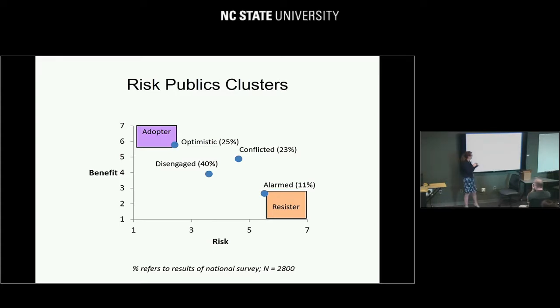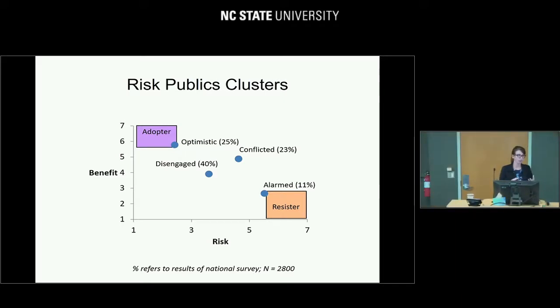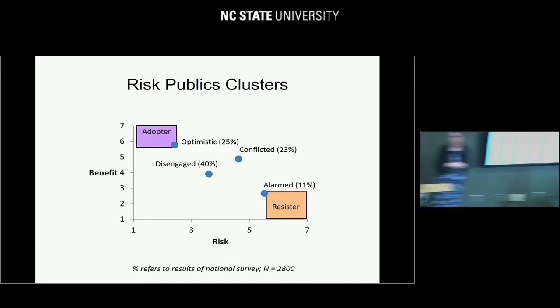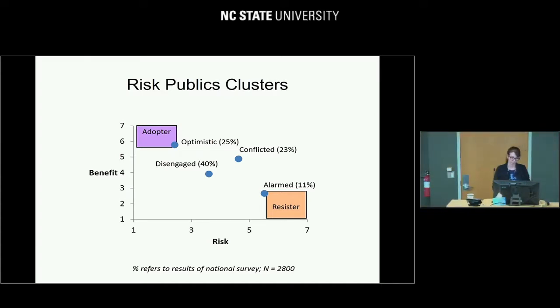There's a cluster of conflicted individuals who see high risk or moderate risk and moderate benefit to water reuse. And then a disengaged cluster who is kind of neutral on all sides, not really that concerned about this technology. And the breakdowns of these clusters are similar to other technologies that Dr. Bender's conducted surveys about.